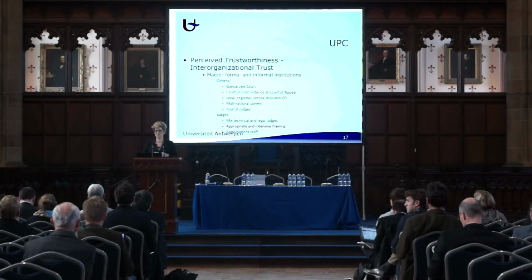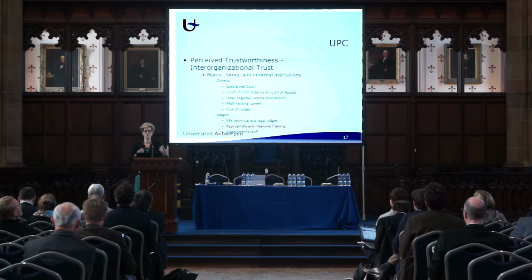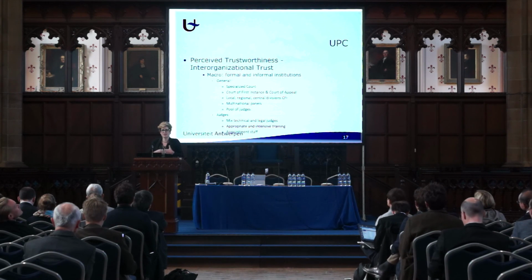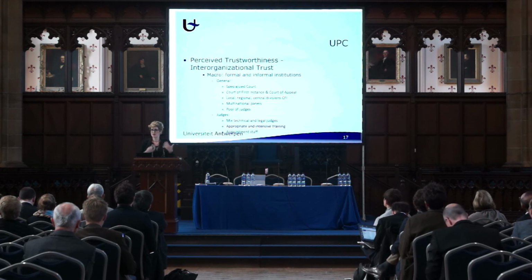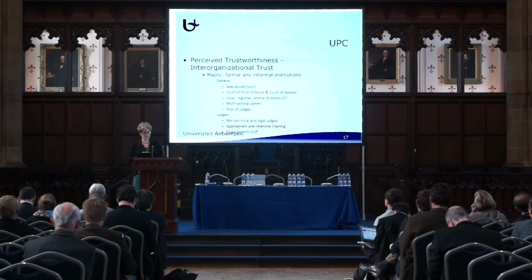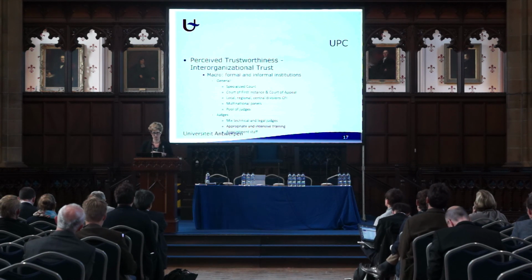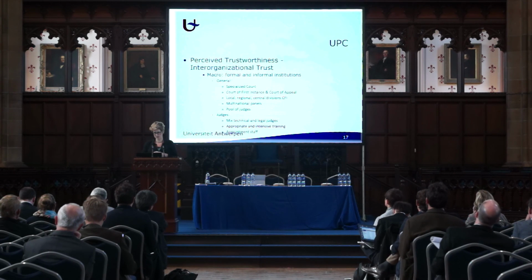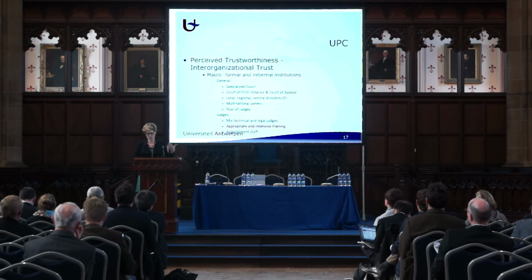So the conceptual framework related to trustworthiness, if I apply that, so the macro, meso, and micro level to the UPC, the formal and informal institutions, so the fact that the court is specialized, for some people that would increase trust, for others that would actually not be a very positive thing, because it has all kinds of negative implications as well, such as the risk of a pro-patent bias, which is also mentioned often with respect to the US Federal Circuit.